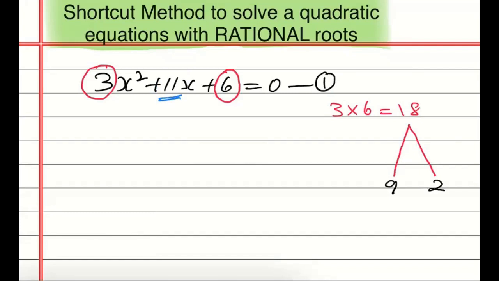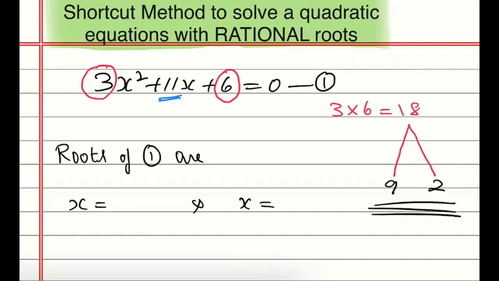So having these two numbers, we can write the roots of equation 1 directly. The roots of equation 1 are x equal to and x equal to. First, change the signs of these two numbers: minus 9, minus 2, and divide both of them by 3, that is the coefficient of x².